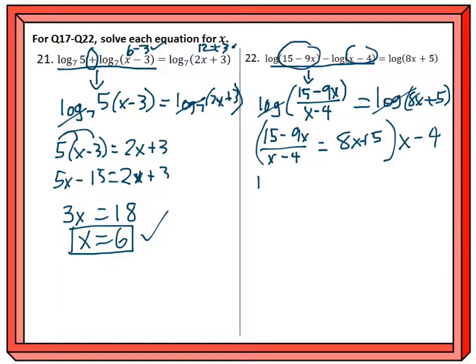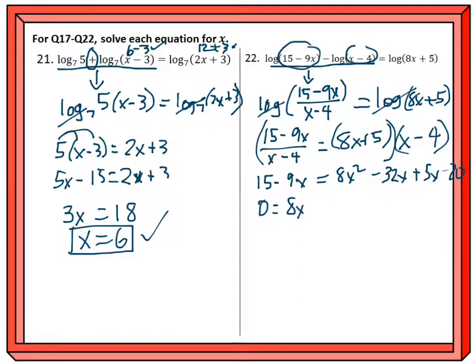It's dividing 15 minus 9x, so we're just going to multiply by x minus 4 to get rid of it. So on the left-hand side, I still have 15 minus 9x, but on the right side, I'm going to have to do some foiling. So foiling this out, I get 8x squared minus 32x plus 5x minus 20. Okay, and now it's a quadratic equation, so we need to get everything to one side. 0 is equal to 8x squared.